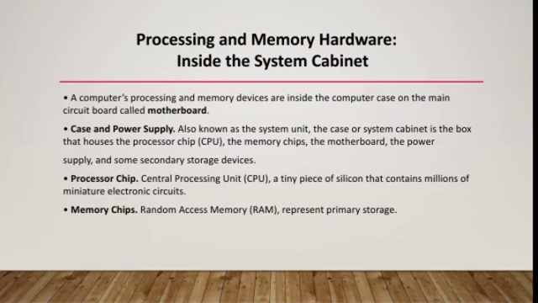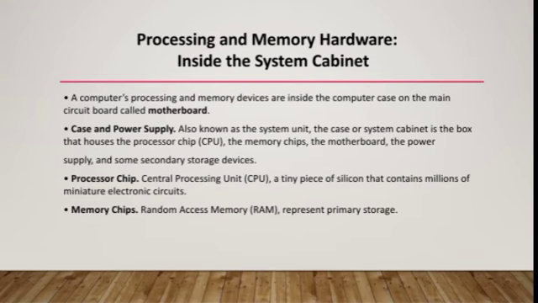Processing and memory hardware. The examples of these are first the motherboard or the main circuit board, which is considered as the backbone of a computer because it connects the CPU, memory, hard drives, optical drives, video card, and other ports and expansion cards.